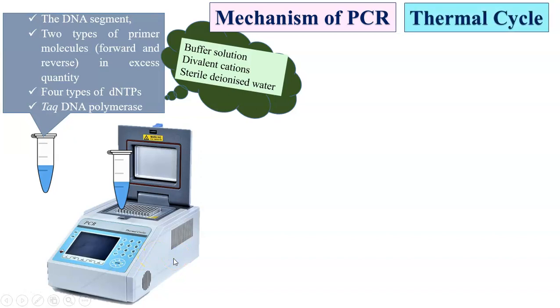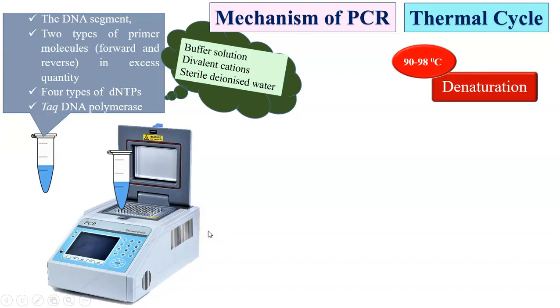Let us understand one thermal cycle here. First step is rise in temperature up to 90 to 98 degrees Celsius. The step denaturation occurs, during which the 2 strands of DNA separate. The double-stranded DNA becomes single-stranded.